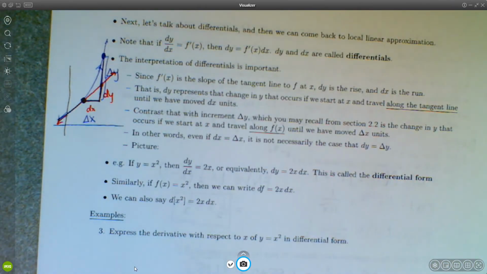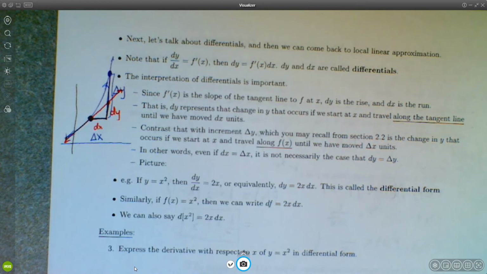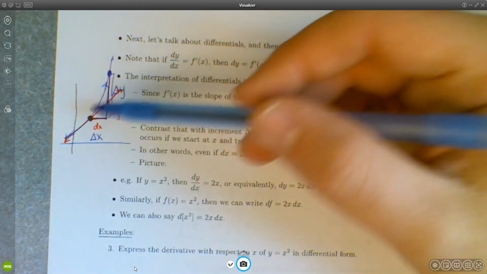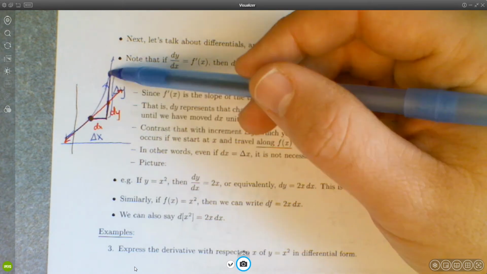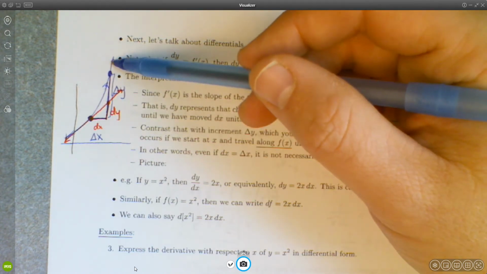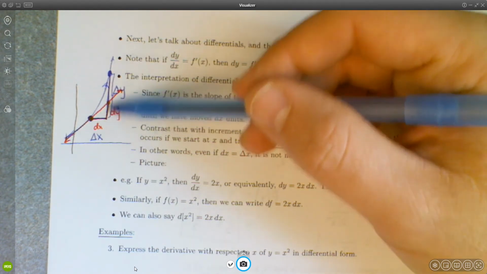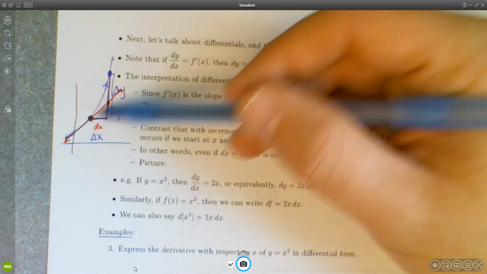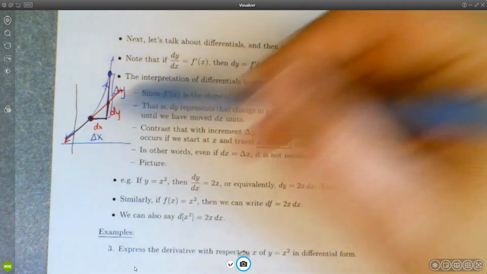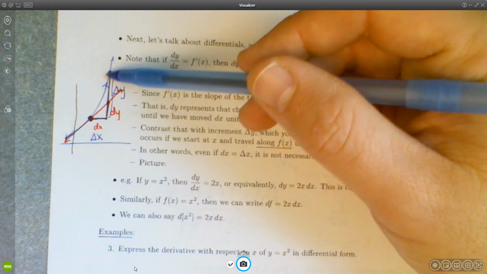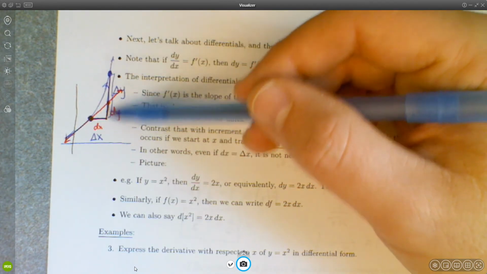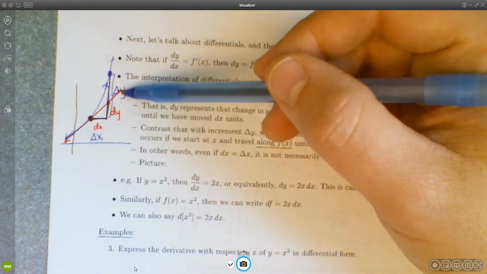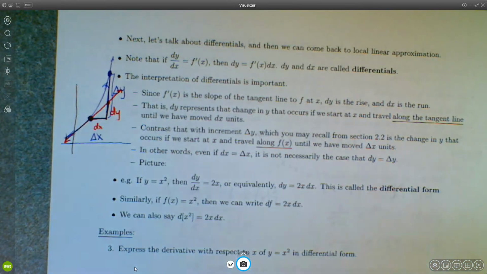So hopefully that makes some sense to you. Delta y is how much you're actually increasing from one point to another on the actual function itself. Dy is just the rise on the tangent line, right? So again, delta y is the rise on the function itself. Dy is just the rise on the tangent line. Okay. All right.